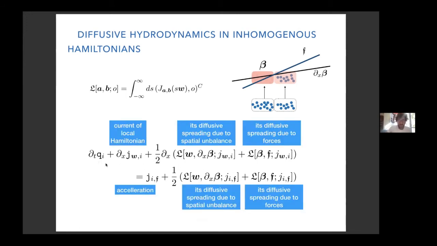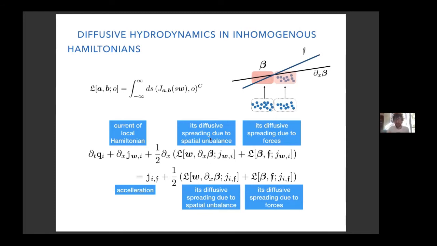We have a hydrodynamic equation where the time dependence of the conserved quantities has some current induced by the fact that we locally have an inhomogeneous Hamiltonian, so this induces some flow in our system. There is an acceleration due to the fact that we have forces locally in our system. Then there are again the second order terms, the diffusive terms.